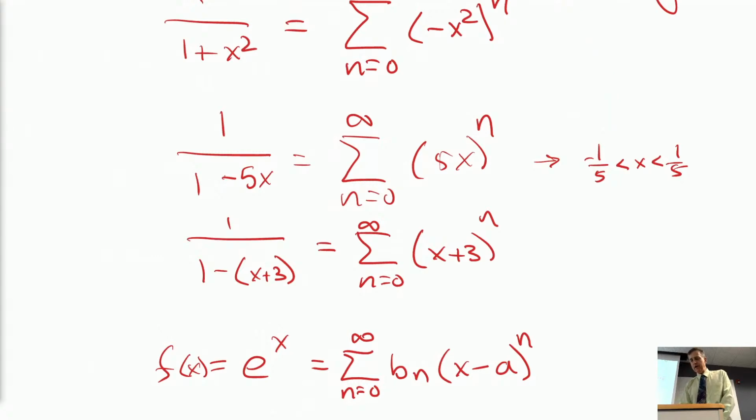You could work it out yourselves, but that's going to take some time. And then this one, x plus 3 is between 1 and negative 1. So that means that x is between negative 4 and negative 2. So it just shifts the interval of convergence over by 3 units.